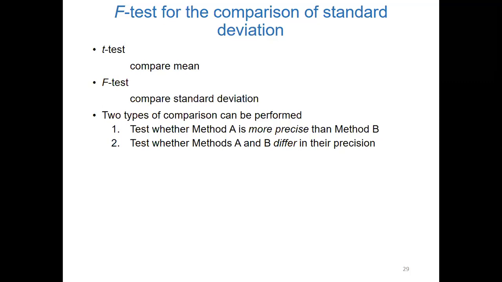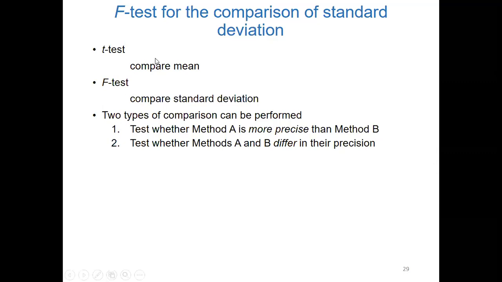So the t-test is for comparison of means. And also we have to compare the standard deviation. When we compare the standard deviation, we can get an idea about the precision of the method. So to compare standard deviations, we will use the F-test.